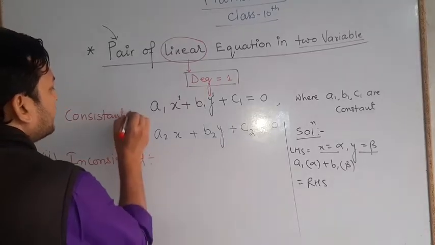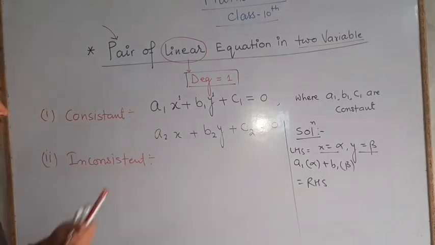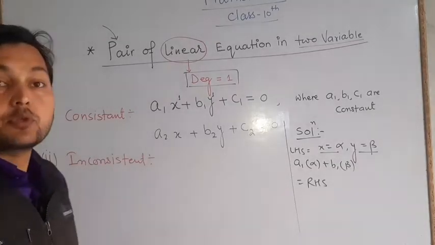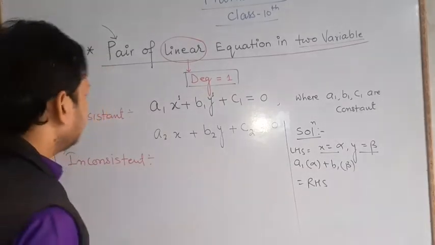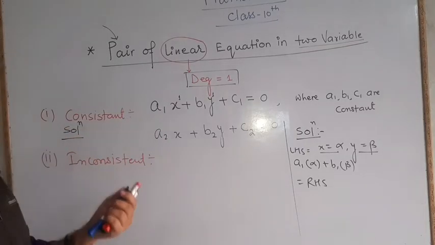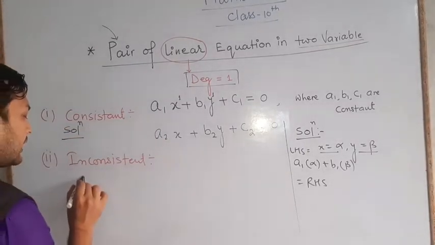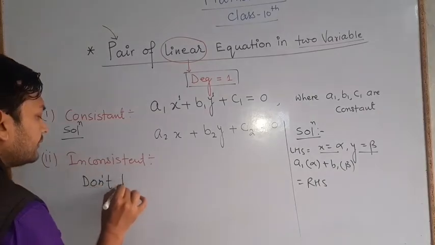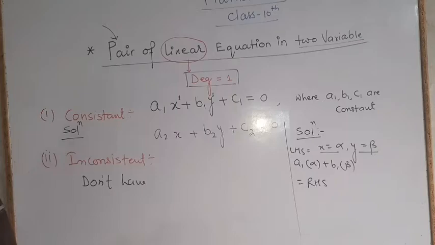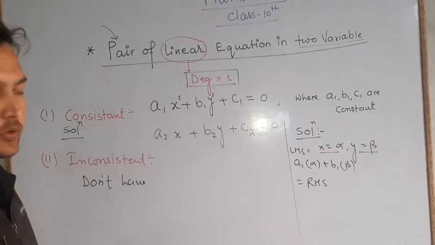Let's talk about consistent. Suppose you have two linear equations and they have a solution, then they are called consistent, and if they don't have, they are called inconsistent. What is the criterion to check that they have a solution?